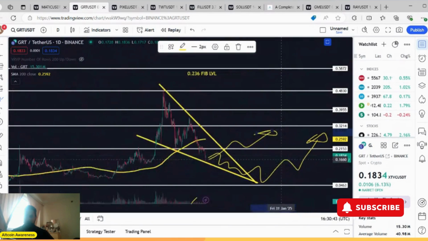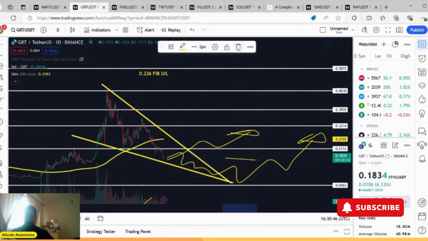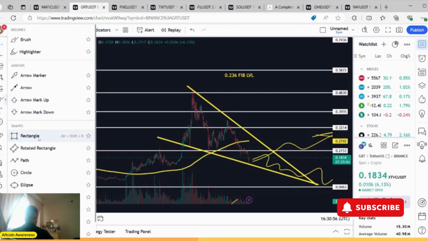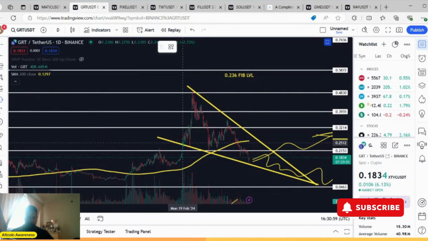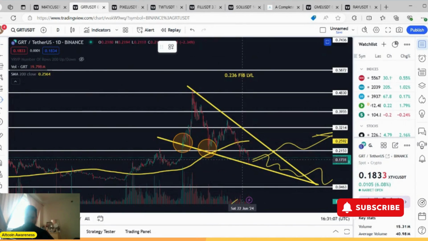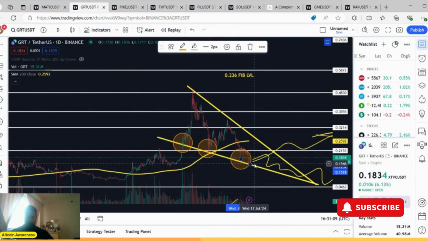Because as you see, we had another bounce of this bottom trend line, okay, of this triangle pattern. Look at this. We had a bounce here, okay, another bounce here, two bounces, and then we have one more right now.